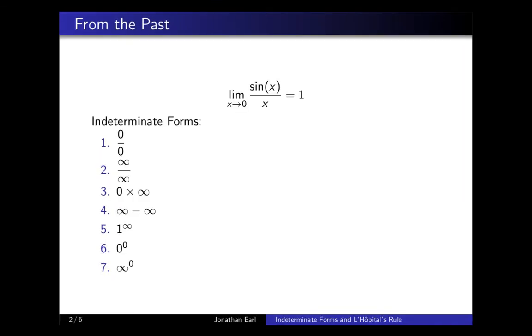Okay, so we're going to talk about what are called indeterminate forms. There are 7 kinds, and I have them listed here. Broadly, with an indeterminate form, there are limits where, for the first example, the numerator and the denominator are both going to 0. But as we've seen many times, if you're told that the numerator and denominator are both going to 0, that doesn't tell you what the limit is going to be at all.